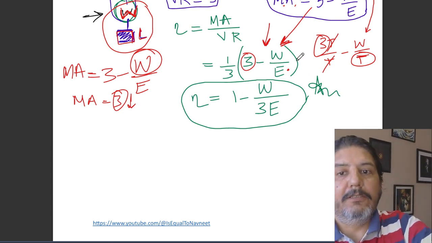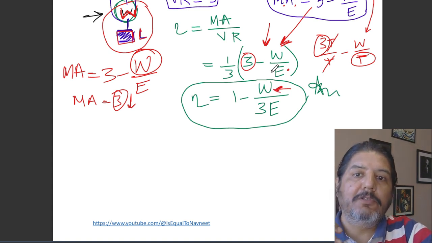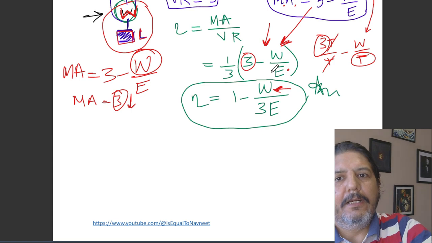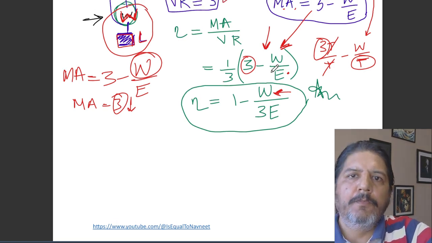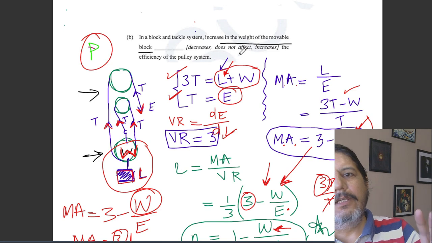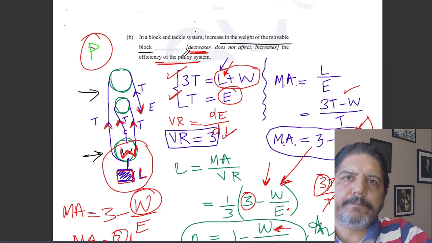So here you can see that this weight is contributing in decreasing the efficiency of the system. So that is why the answer would be, in a block and tackle system, increase in the weight of a movable block decreases the efficiency of the pulley system.